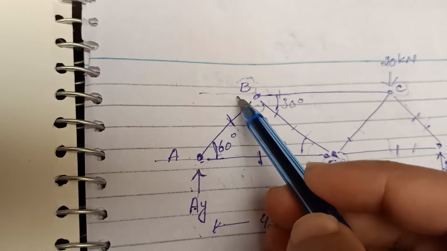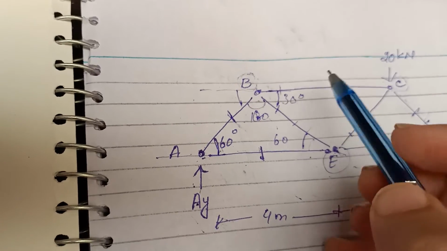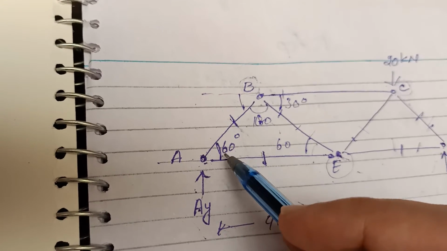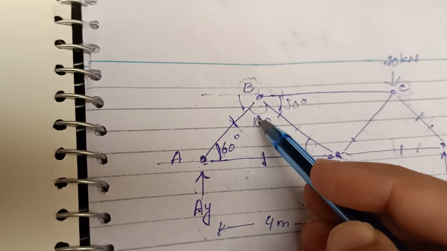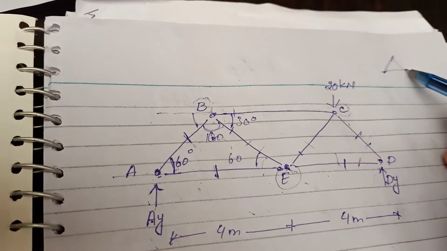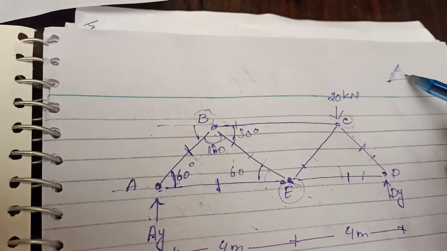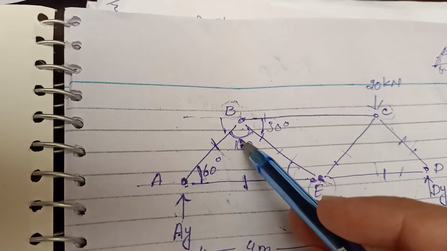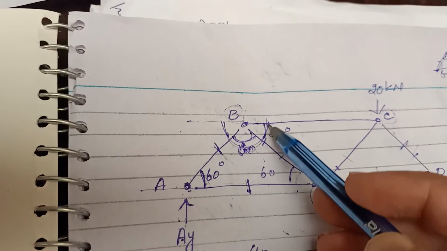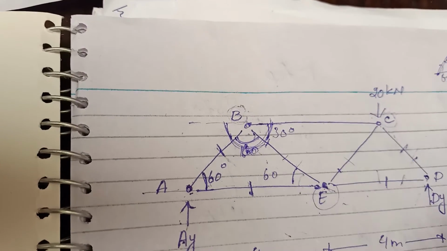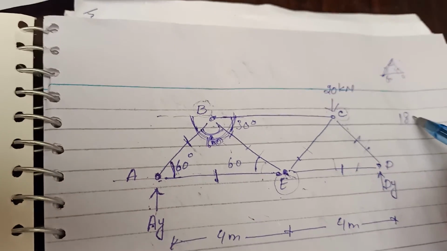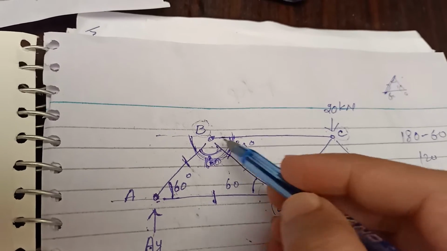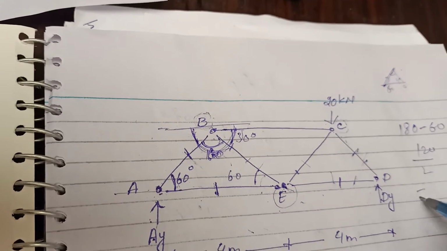And this angle also equals 60. Let's see that again: 60, 60, 60, because the sum of all the angles in a triangle equals 180. So 180 minus 60 is 120, and these both are equal, so this is 60.